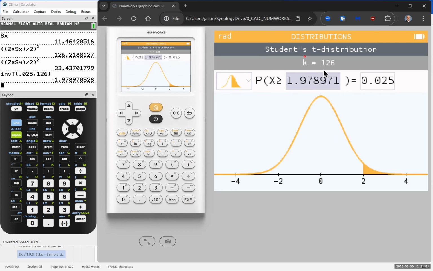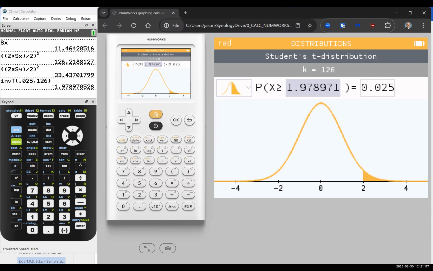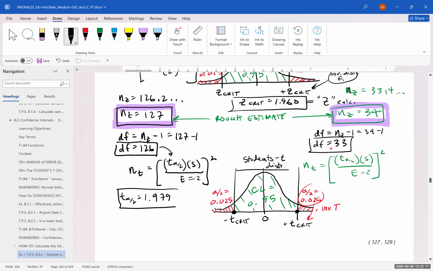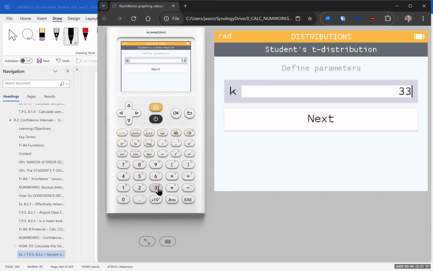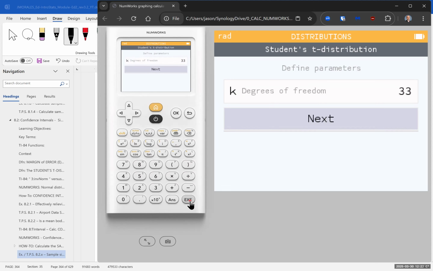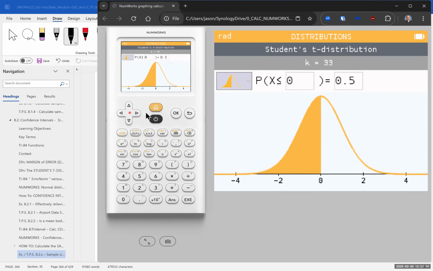Okay, now we're going to do this again, but now for T-Mobile, which has a degrees of freedom of 33. So I'm going to back out one screen, put 33, come back in, 0.025, and you can see I have a different critical score now.